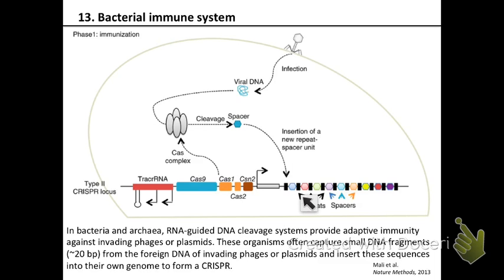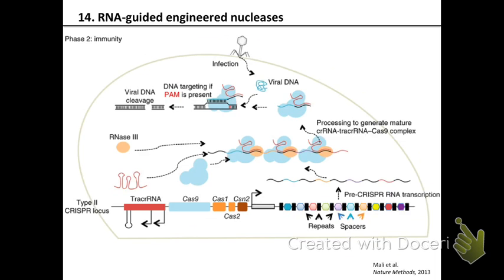All right, so what do they do next? Next time they get invaded, they've learned the DNA sequence of the invading virus. When the viral DNA comes in, the Cas9 and the tracer RNA will also complex with the guide RNA, and the guide RNA is transcribed from these spacers, okay?